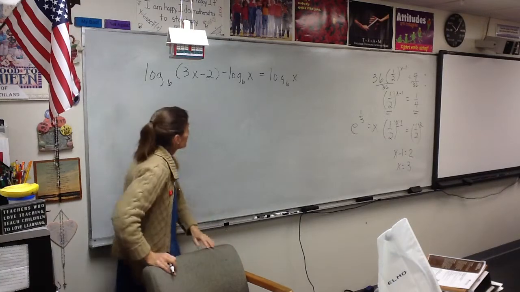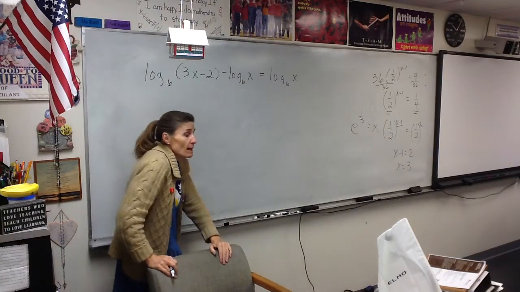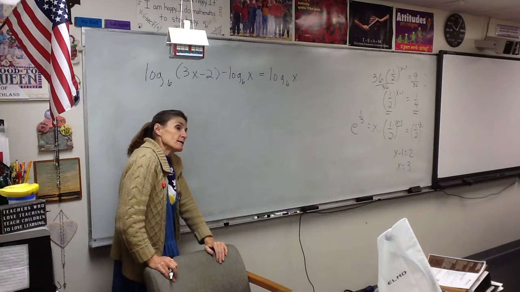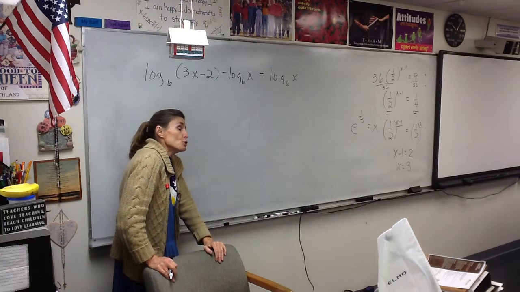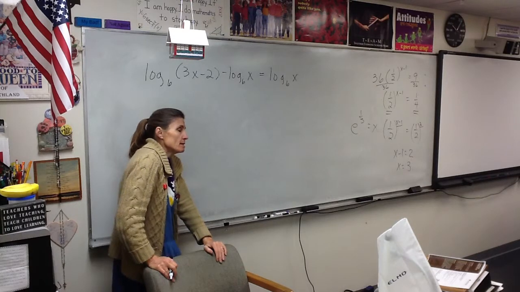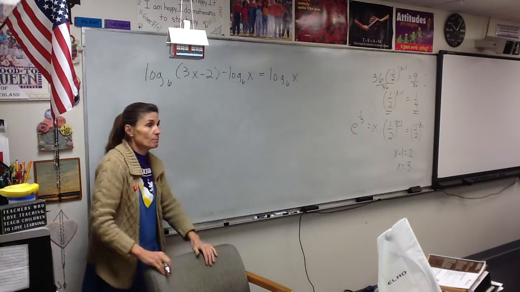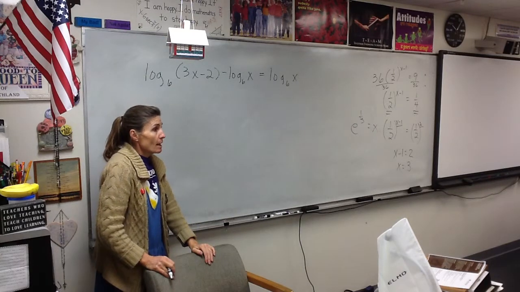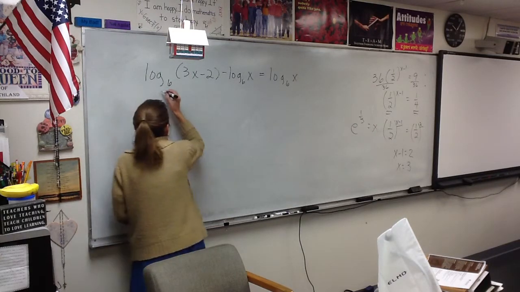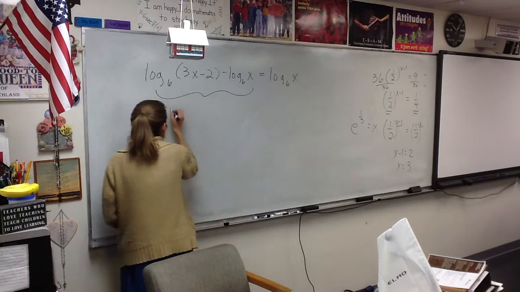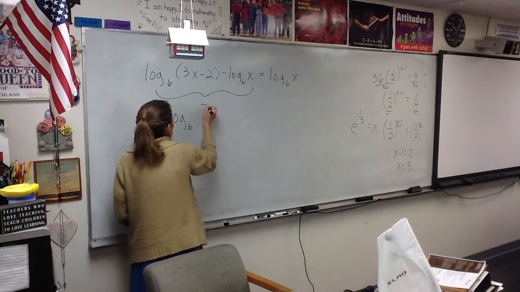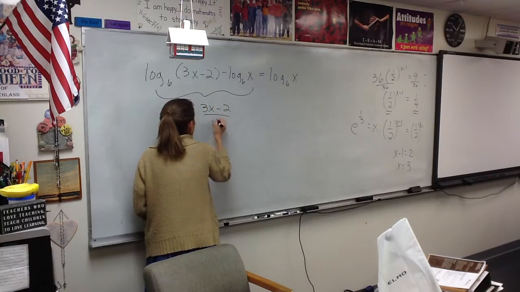When you look at this problem, this is 4F, practice test 1, you immediately should see 2 logarithms that need to be put together. How do they go together? They go together as a division. So this becomes this.